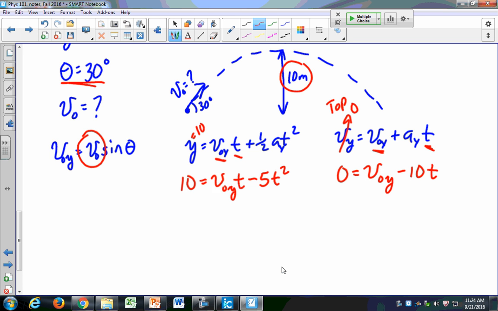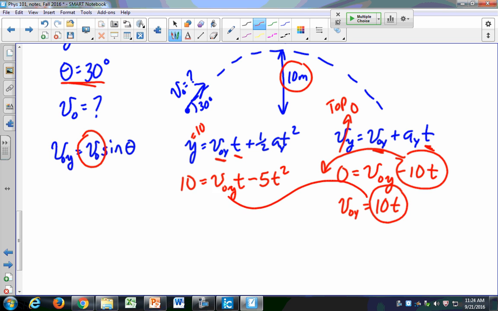I'm going to say that V naught y is equal to 10t. No, it's positive 10, because I take this side and bring it over here, and I get V naught y equals positive 10t. And then I take this, and I plug it in for V naught y. So I get 10 equals 10t squared minus 5t squared.